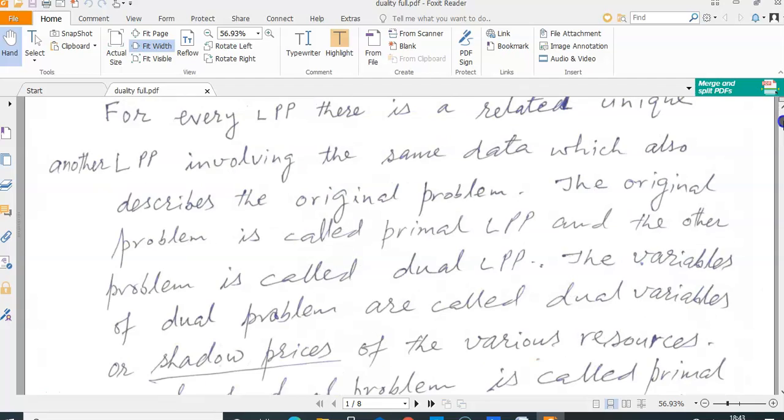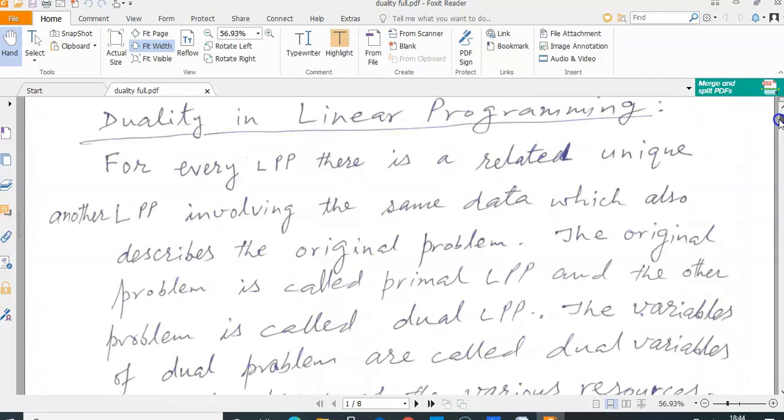Whatever LPP you have, with the same data you will have another LPP associated. The original problem is called the primal linear programming problem, and the associated one is called the dual LPP.